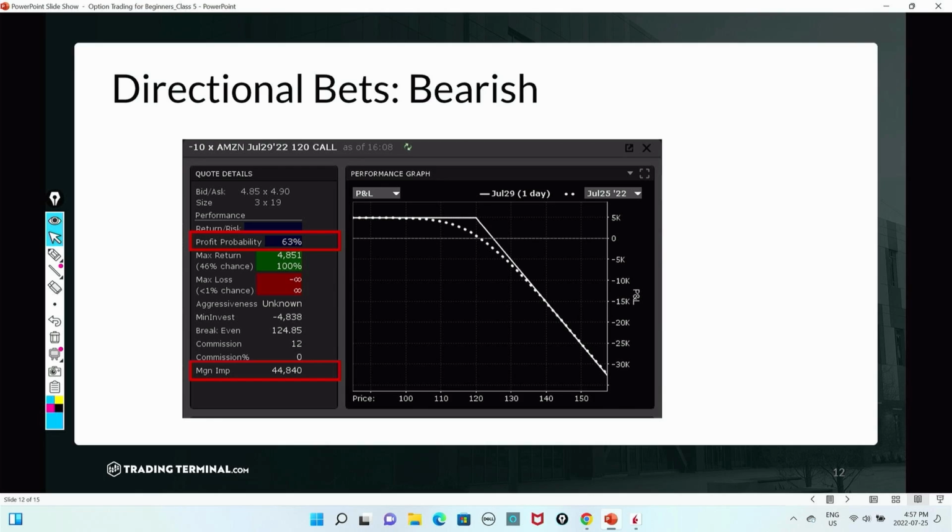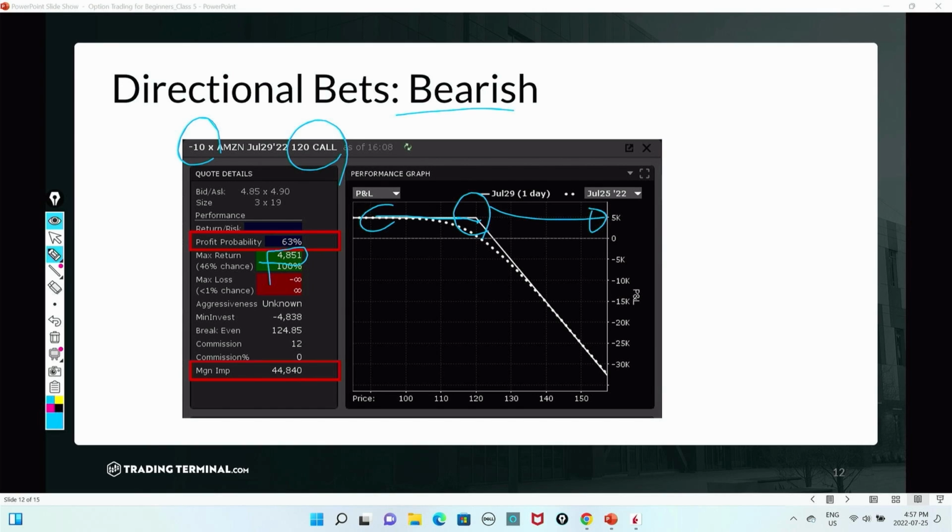So in this case, you're saying whatever happens, Amazon will be below 120. So you sell 10 contracts of Amazon. So if Amazon stays below 120, you get to keep all the premium that you sold, which is around $5,000, 4,851.